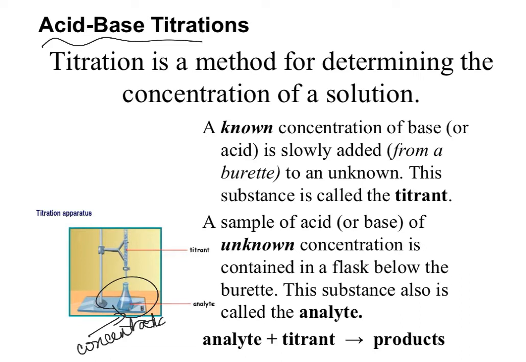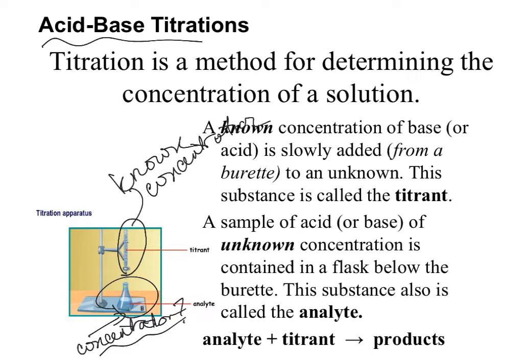But a titration in general is a procedure set up to determine the concentration of some substance. For example, let's say you have an acidic substance, could be a water sample you collected from a creek, and you just need to know what is the concentration of acid in there. You typically would set up a burette with a known concentration of a base.